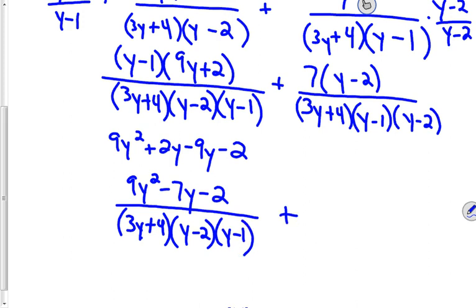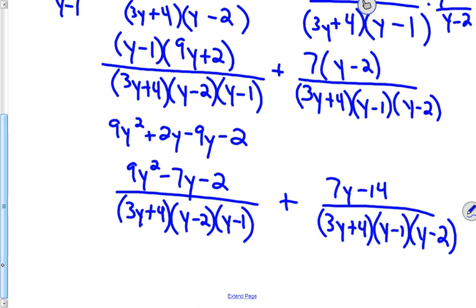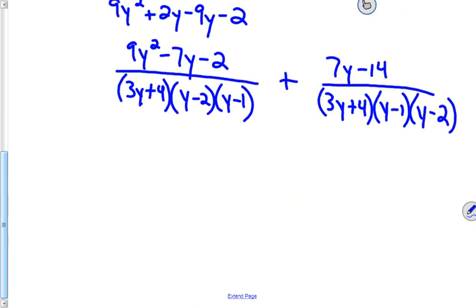Now I'm going to multiply 7 times y minus 2. That's just distribution. So I get 7y minus 14, and that's all over my common denominator. Okay, so now I can actually add my numerators together.